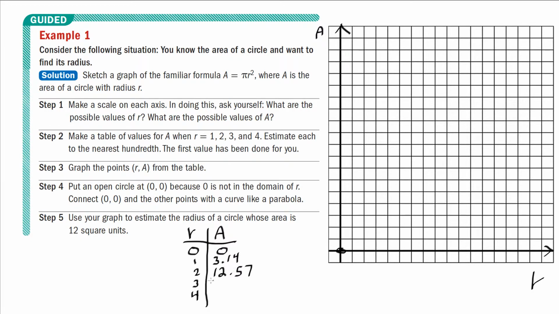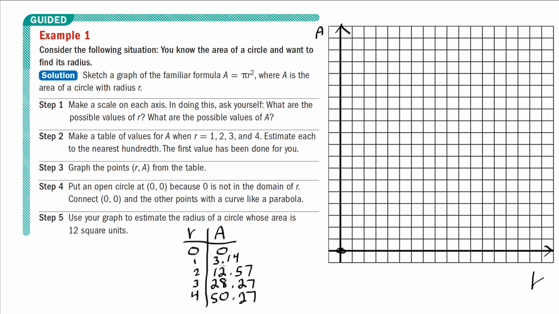It's small, but it's a different result. So we want to remember to use the pi button. For number 3, we get 28.27. And for 4, 50.27.